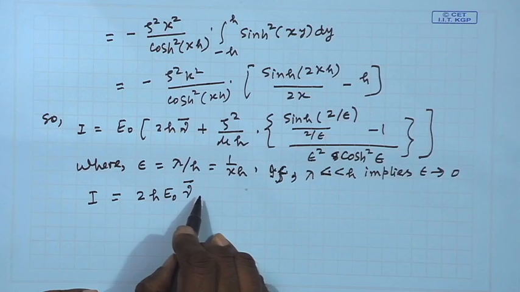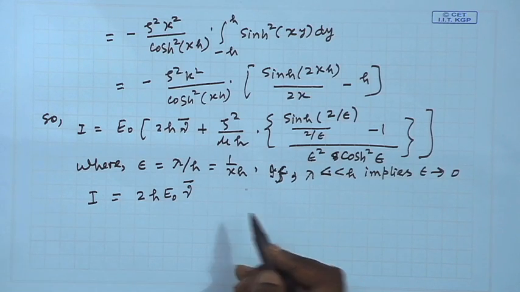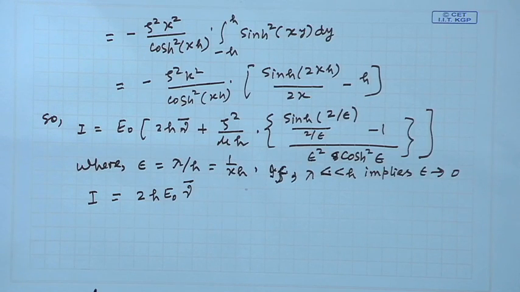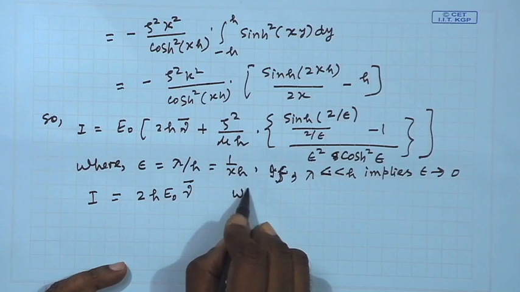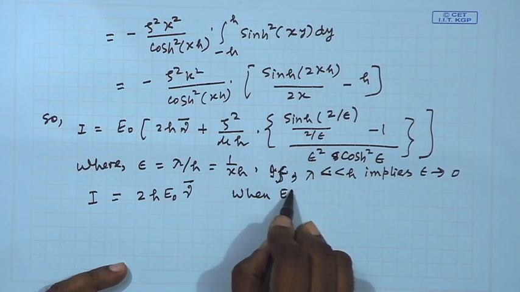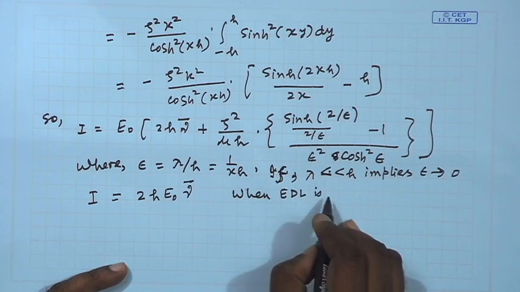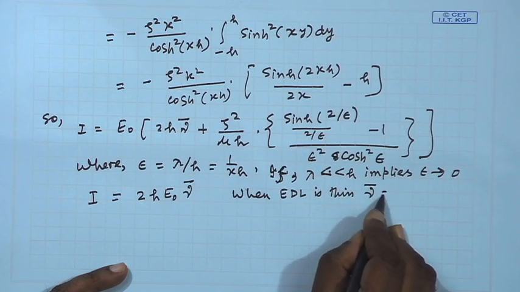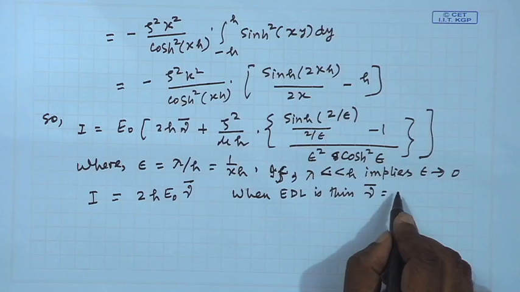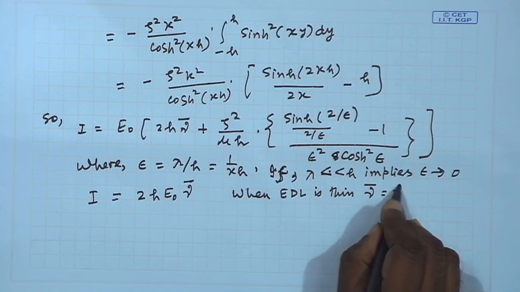And also the nu bar, what we have defined before, when the ideal is thin, this nu bar is also something like nu. Already we have defined that.